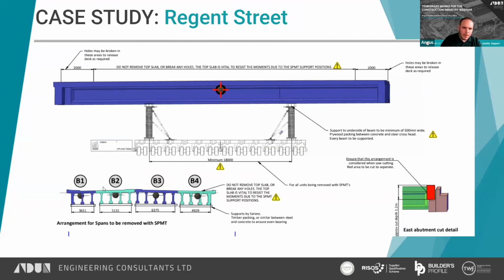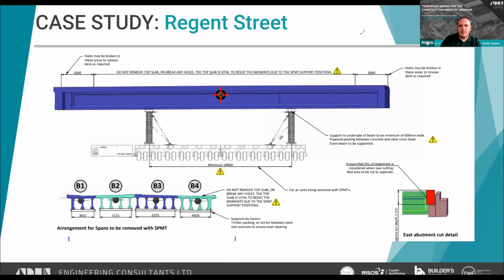But the proposal was to take it out with a SPMT, and hopefully you can appreciate that the bending moment changes significantly from the current condition where it's supported here and here to the condition we're now talking about where it's supported here and here, where you get a significant hogging moment forming over the top over here and over here. And with a post-tension structure, that is not ideal.